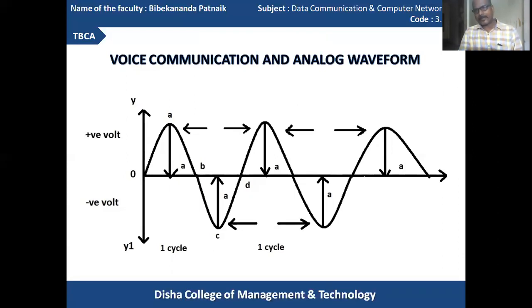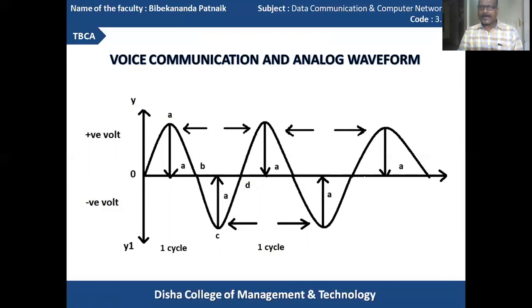One cannot see the waveform or the analog waveform in the air because the voice transfers through pressure; it is invisible, while it can still communicate the voice or analog waveform.